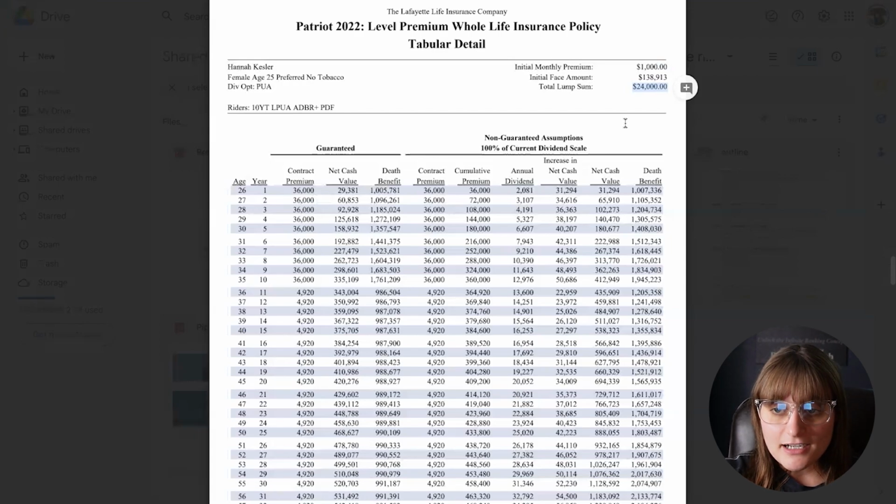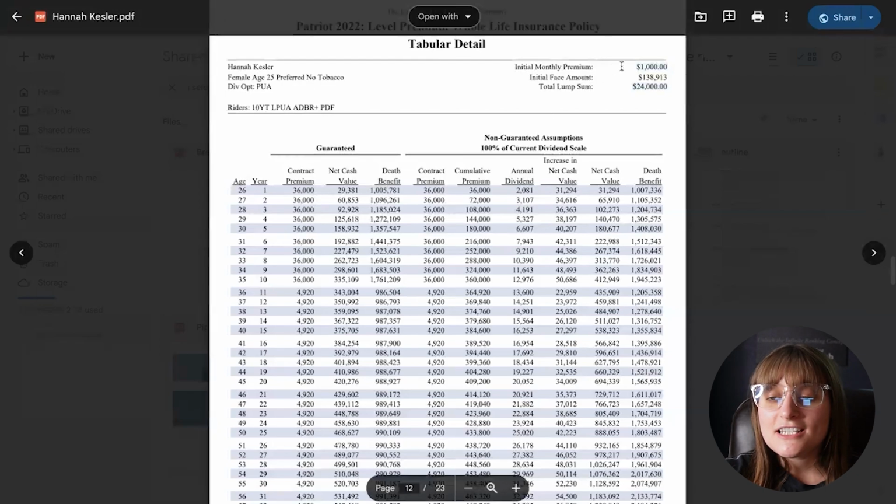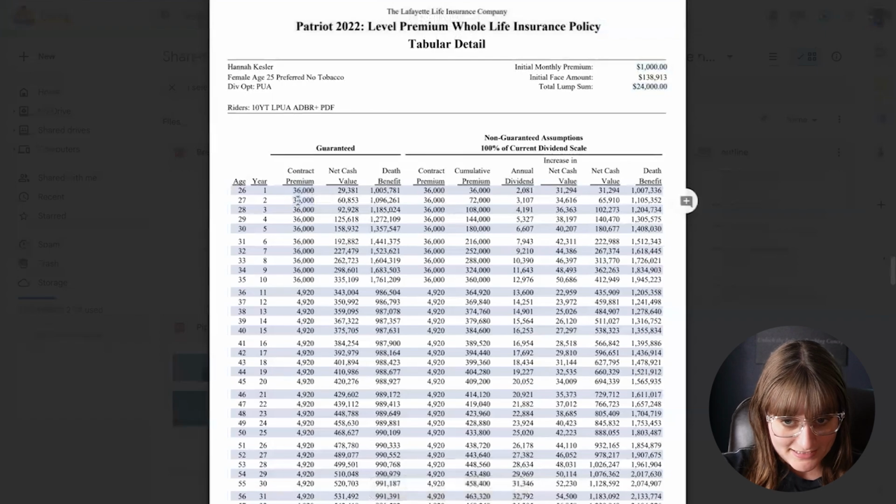So you can see here, the premiums are $1,000 a month, but you have an additional $24,000 every year that you can put in as more paid up additions.